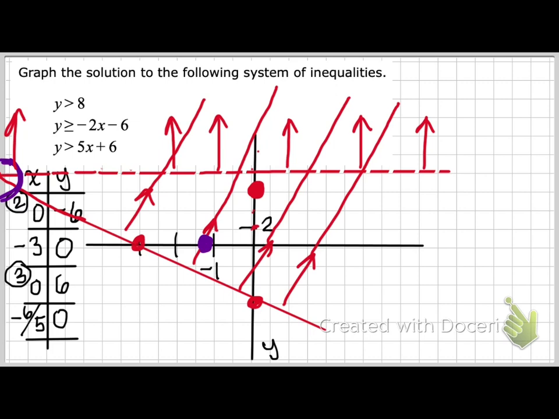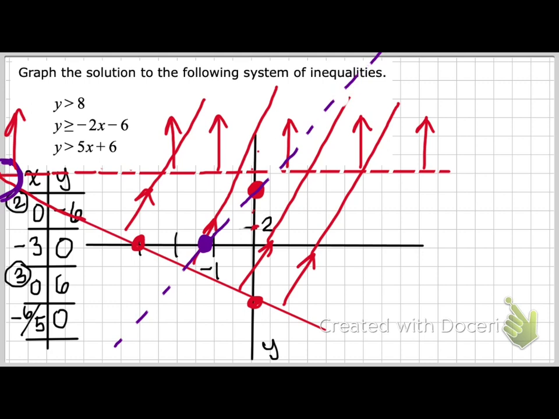So that is going to go through that point and extend up that way, and through that and then down. Y is greater than, so we have to dash that. Dashing the purple line.